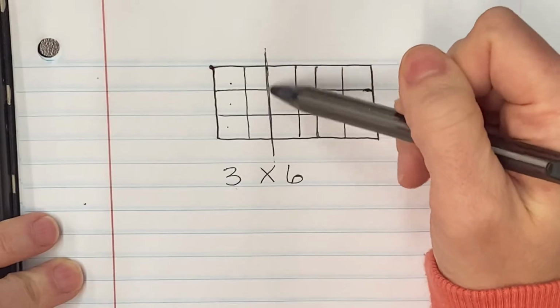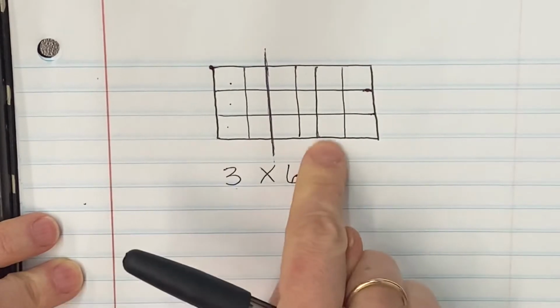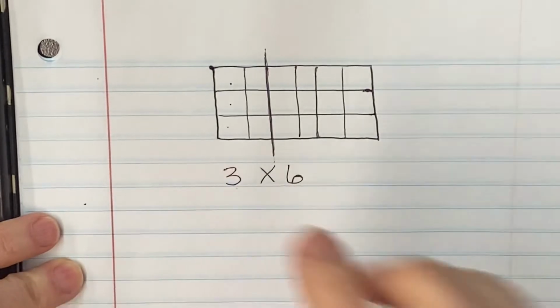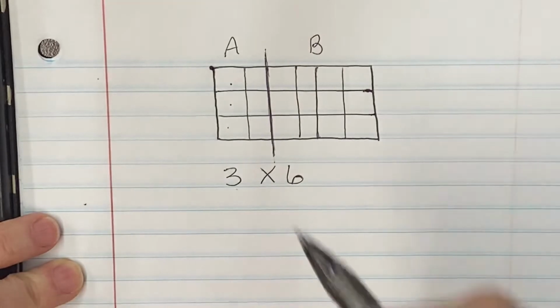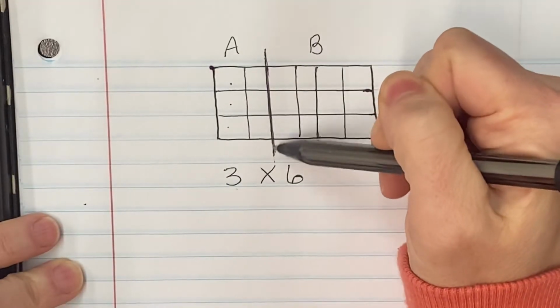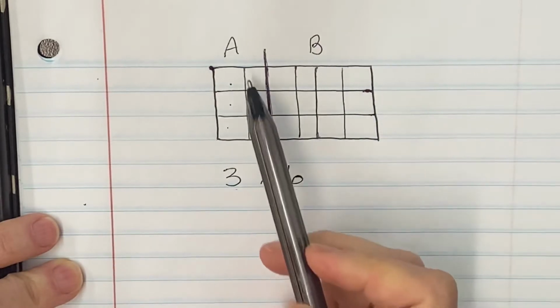But if we had a separation right here to make it two separate shapes, then we have to do something a little different. So this is going to be shape A and this is going to be shape B. We'll pretend that there's a wall right here in your house and you want to tile this floor and this floor.